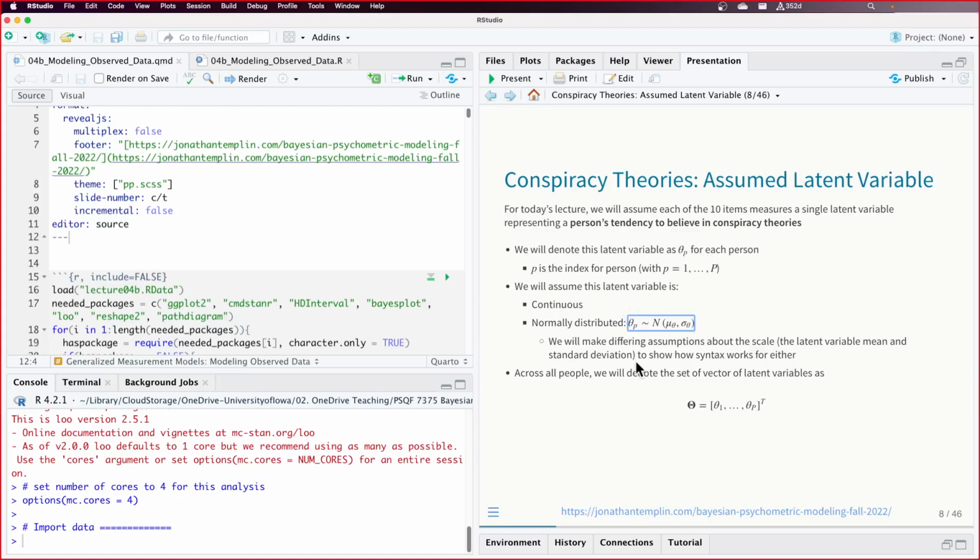And then across all people, one thing I wanted to note was if we were to describe all of the people's latent variables, we could put them into a column vector. And I can denote that with a boldface theta. Actually, I should probably have this not capital, but a boldface theta.